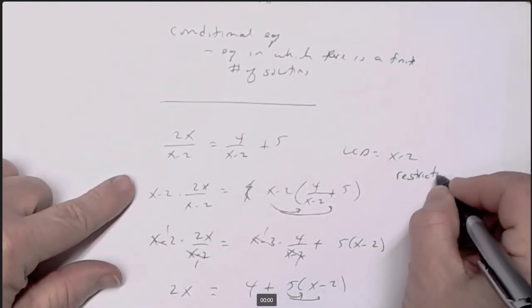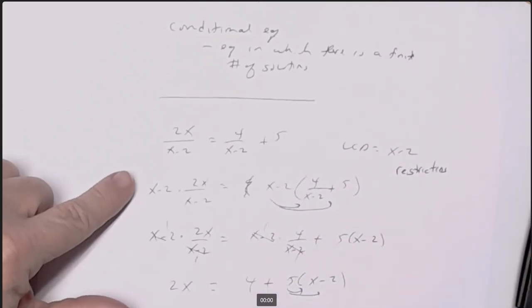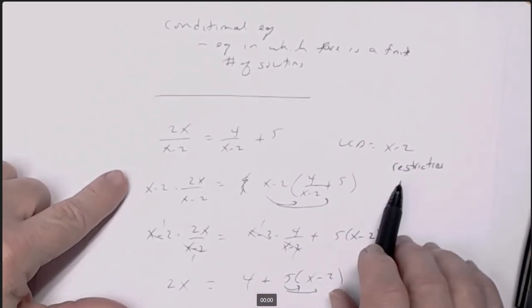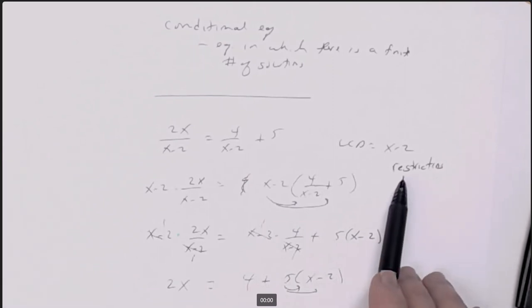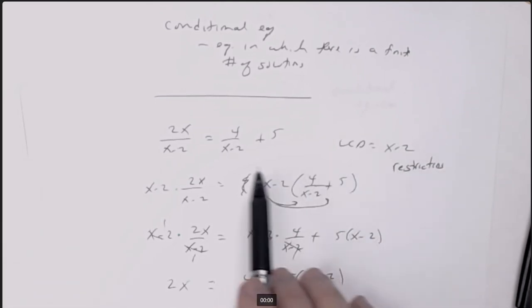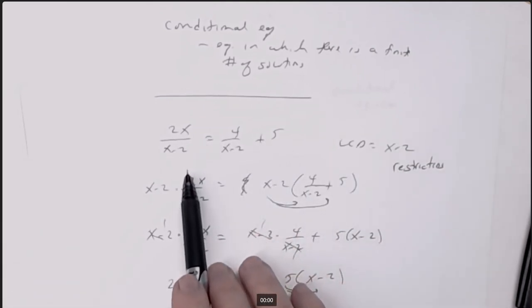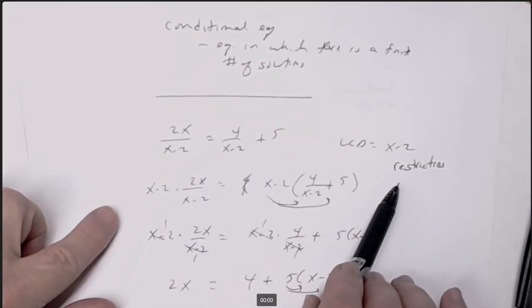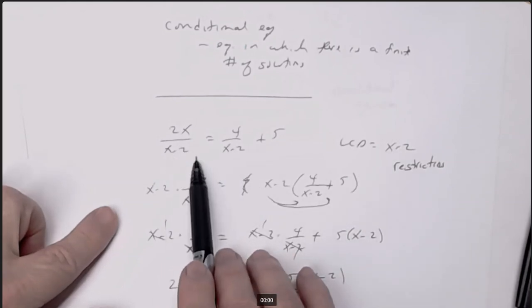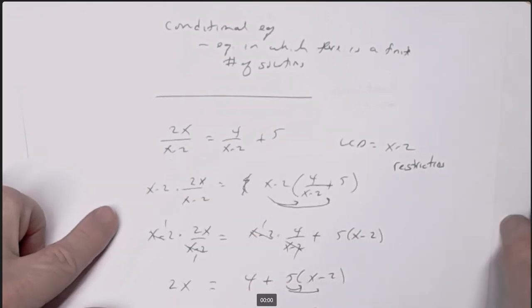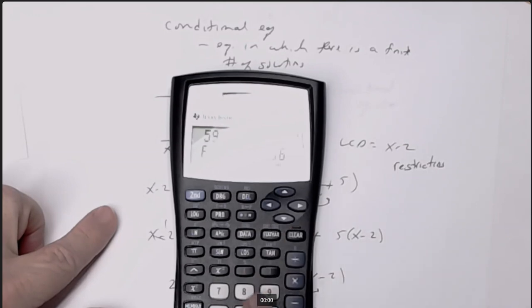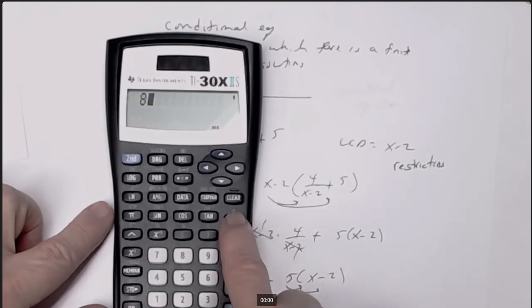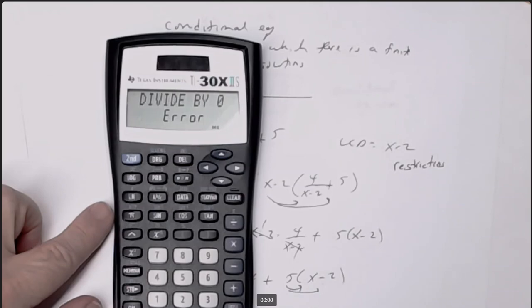The restrictions are what numbers can't I use in my variables? So whenever it's a rational equation, to find the restrictions, you just look at the denominator. Remember, you can never divide by 0. So if you said, for example, 8 divided by 0, you get an error. It's undefined. So to find the restrictions of a rational equation, you just look at the denominator.